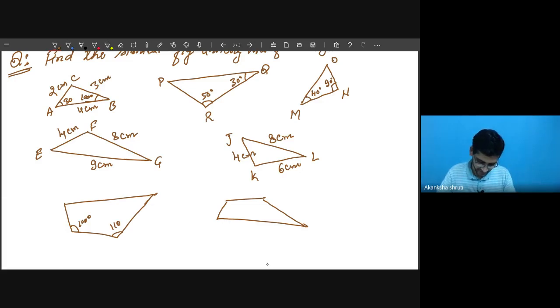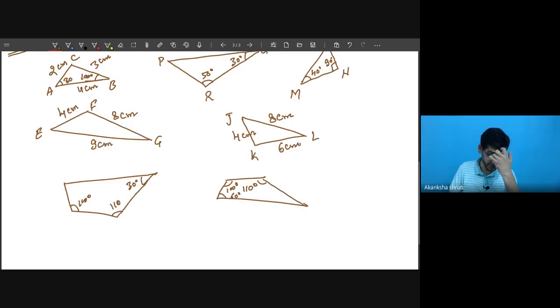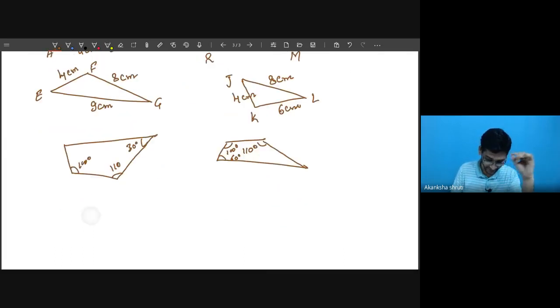And this is 30 degrees. And the other one is 110 degrees. This is 100 degrees. And the other one is 60 degrees. Okay, this we have to take. Consider this as PQRS.